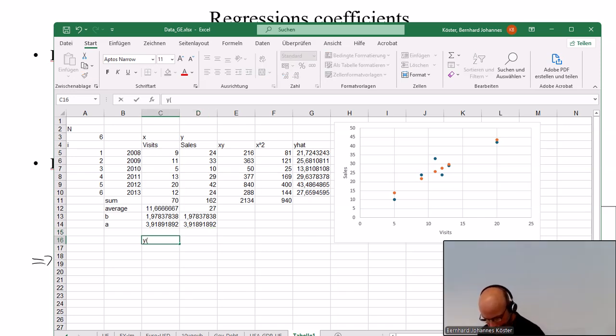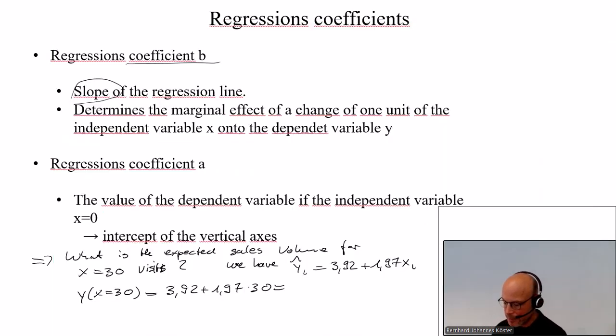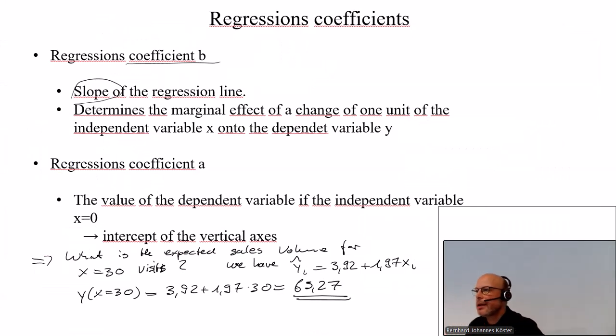Y of x equals 30 is then this plus this times 30, and this is 33.72. Well, and this is then, so to speak, your estimation.